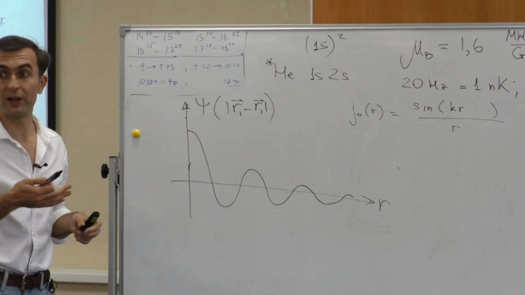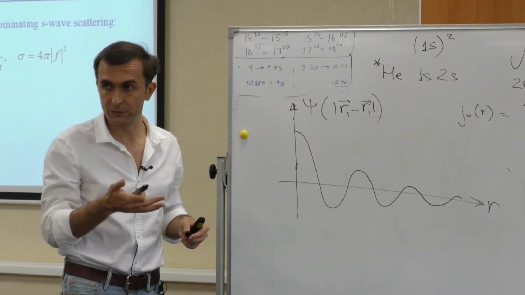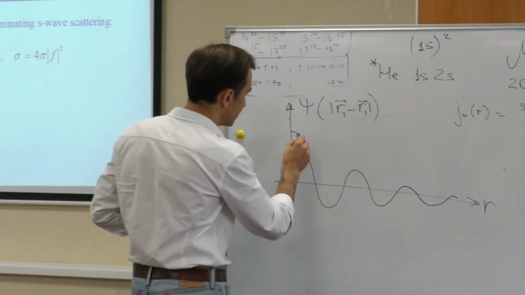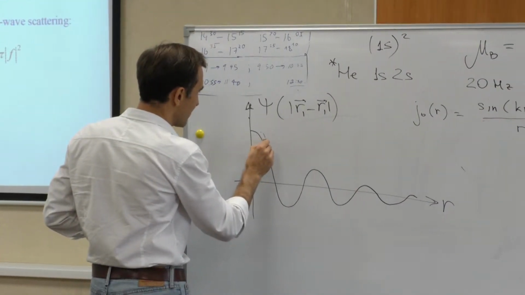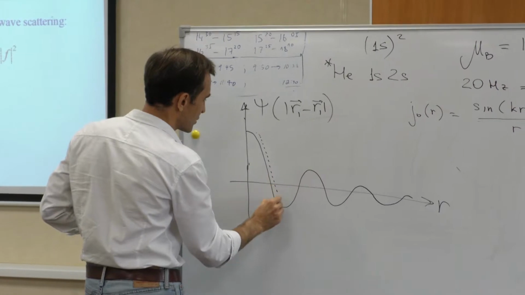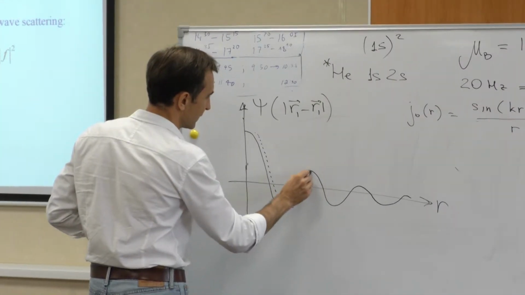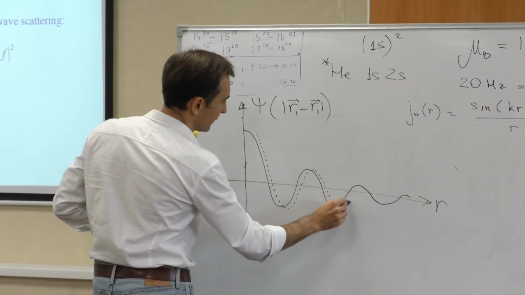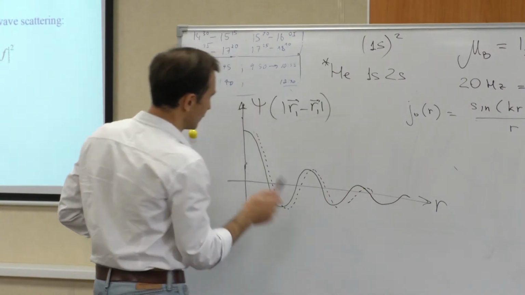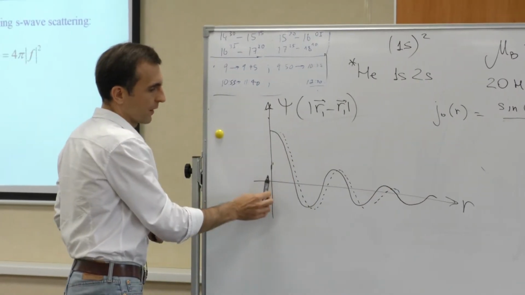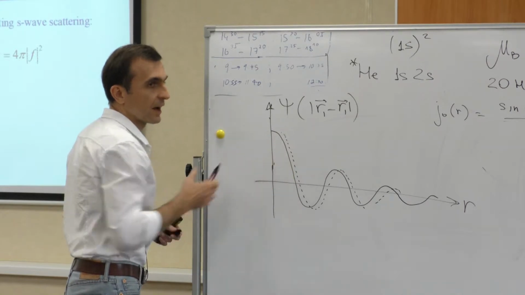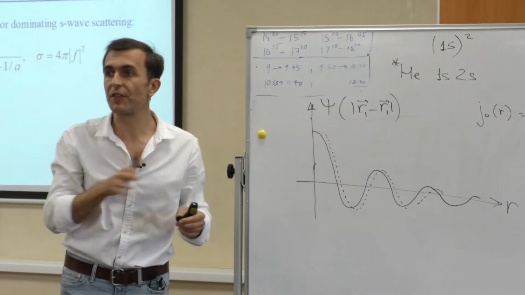What happens as a result of interaction? Only phase shift is possible. It means this Bessel function can shift a little bit like this. So it can be pushed away from the origin, or it can be sucked into the origin.